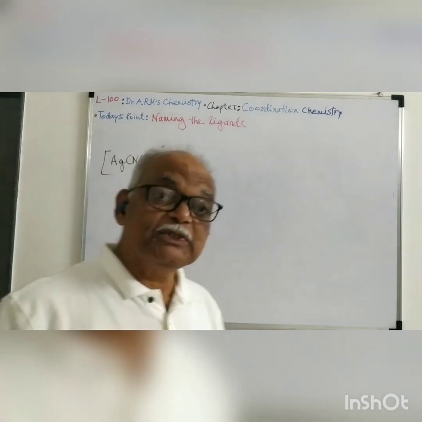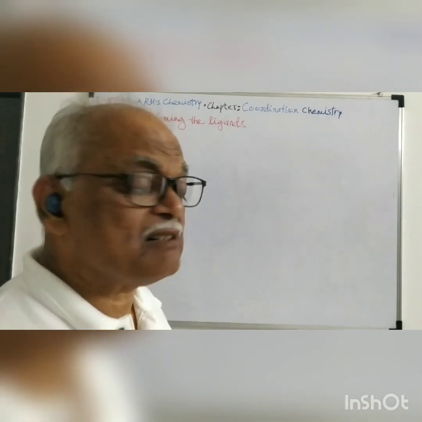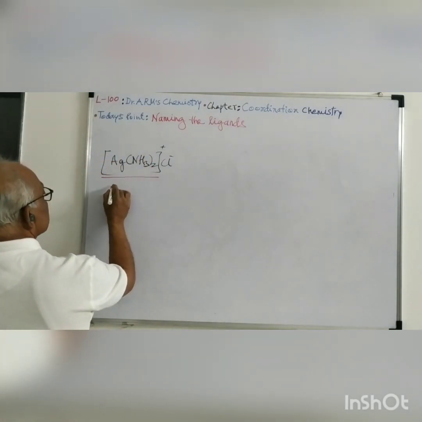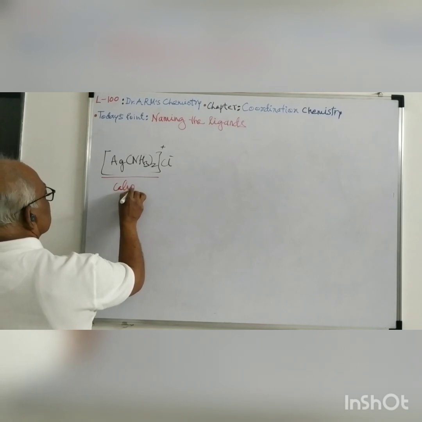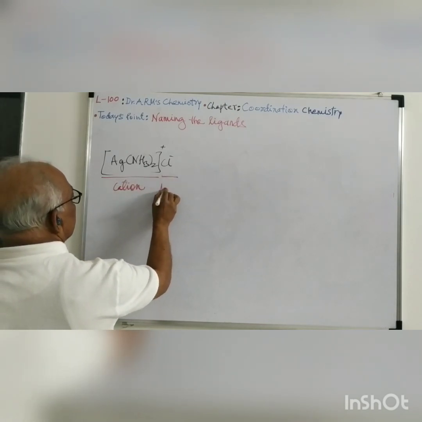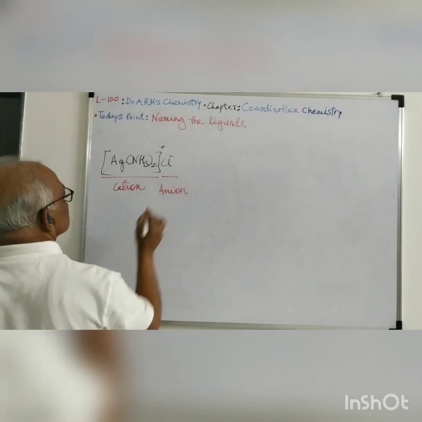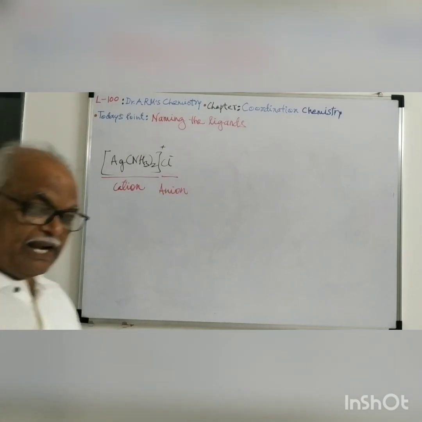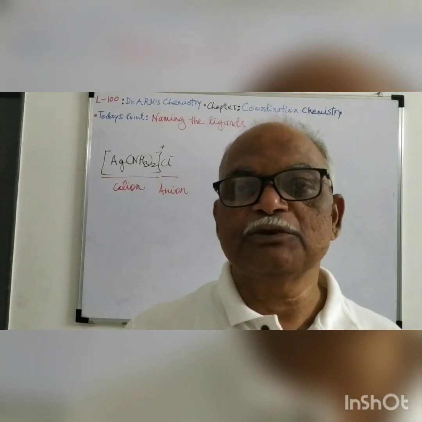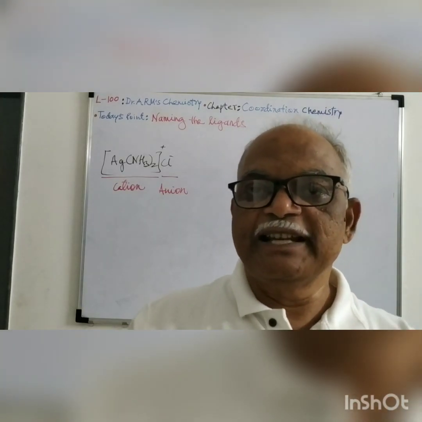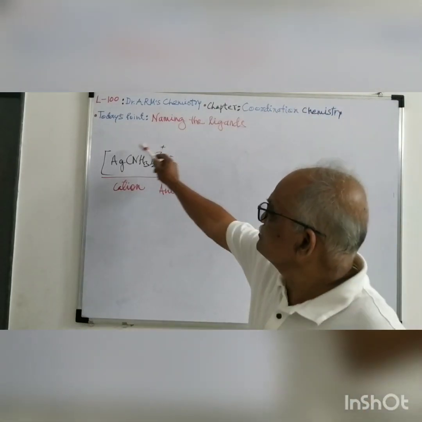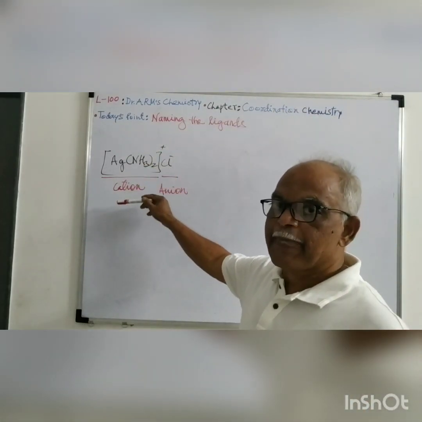So the name of the complex is composed of two segments, that is a cation and an anion. Using the two forms attached together, the resulting species is called a neutral species.